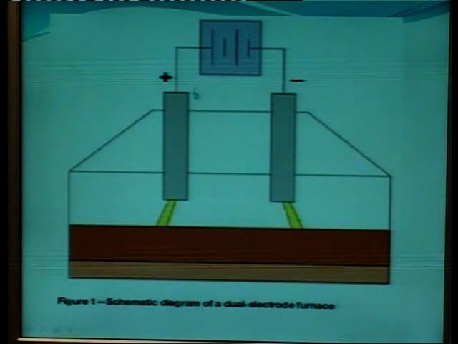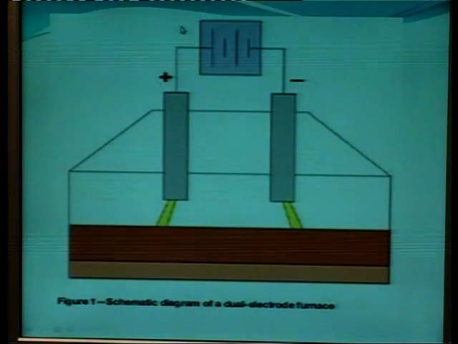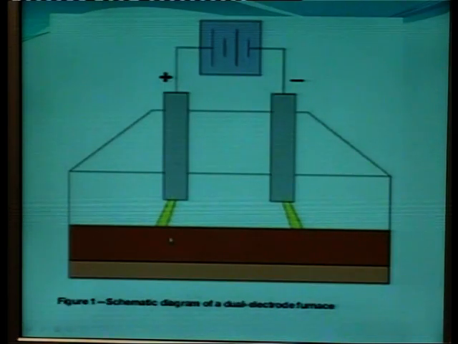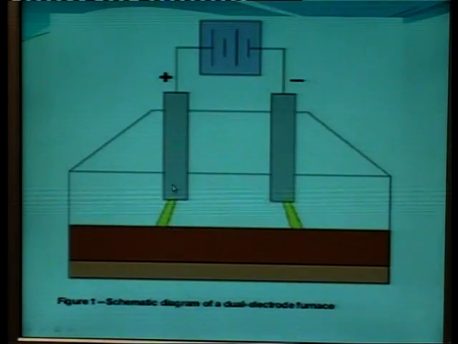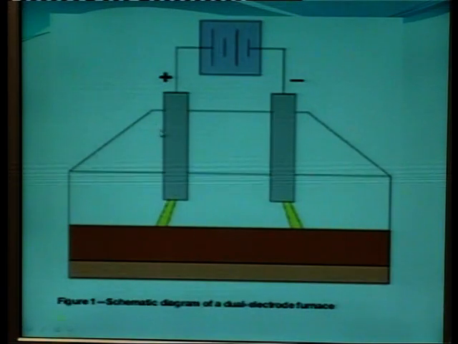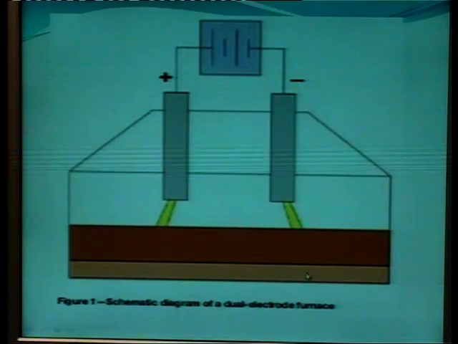So see, when we give the supply to the electrodes, the current will flow through these electrodes via this charge. Now here the arc will be produced. Because the charge is in direct contact with this arc, high temperature is obtained, and also the current passes through this charge.